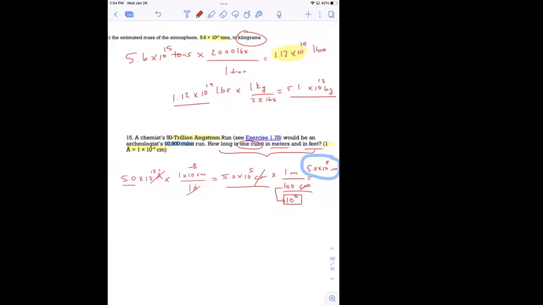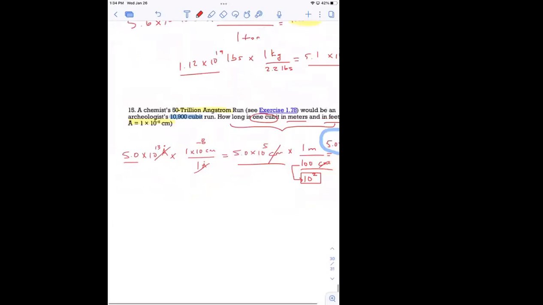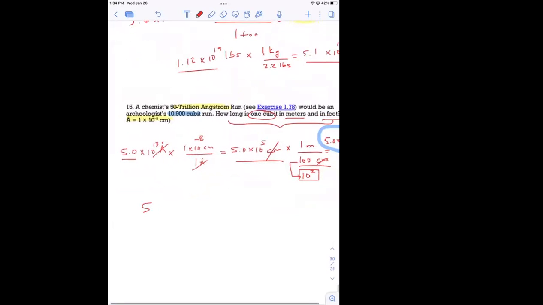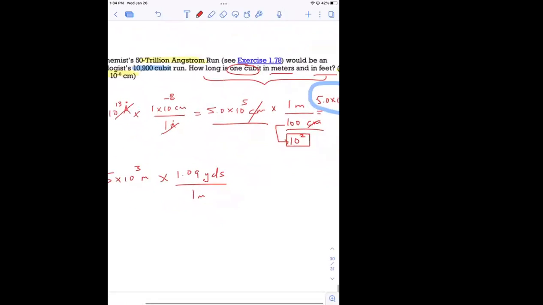We can do feet to yards. All right, long way. Good. I like that. Take the challenge. So we're going to say that 5 times 10 to the third meters times 1.09 yards over 1 meter. That's our conversion. We learned that the other day.